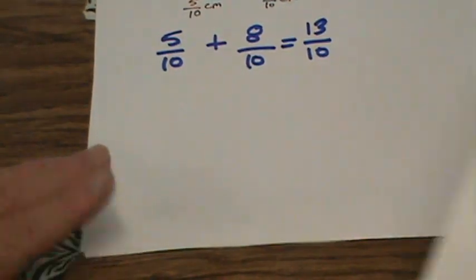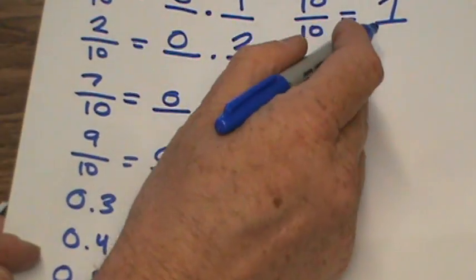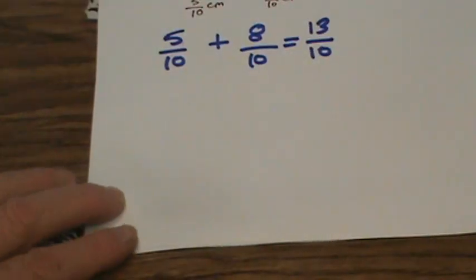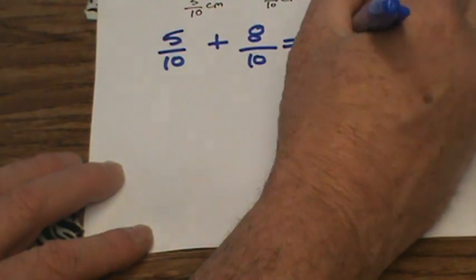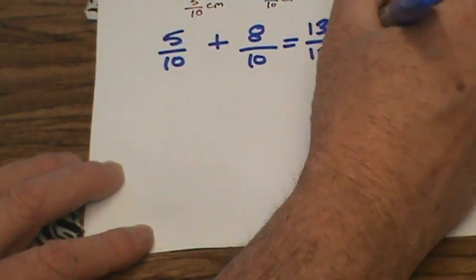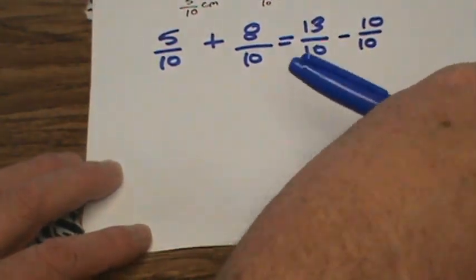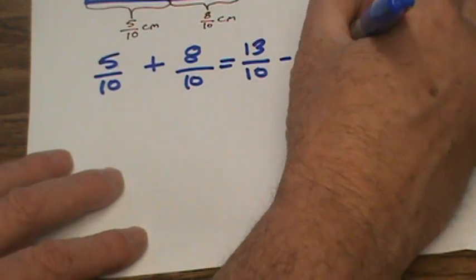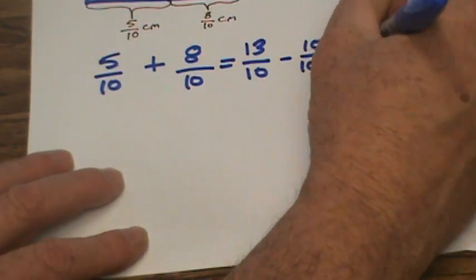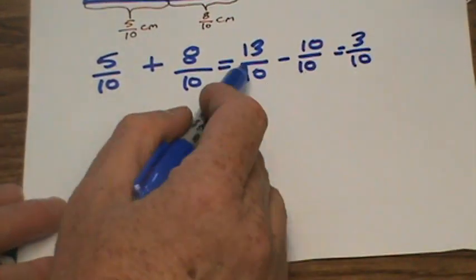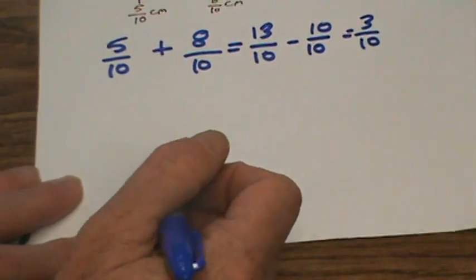Remember back in our fluency practice where we said 10 tenths equals 1? So couldn't I do this? Subtract that 1, right? And I'd be left with 3 tenths. So it looks like I would have 1 and 3 tenths as my answer.